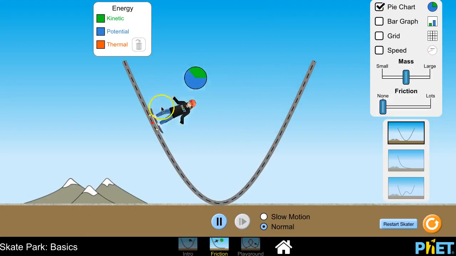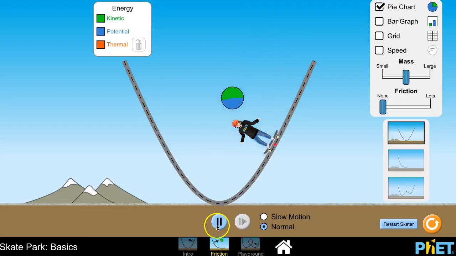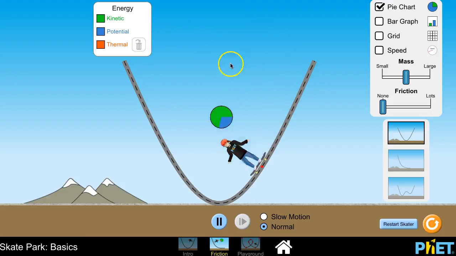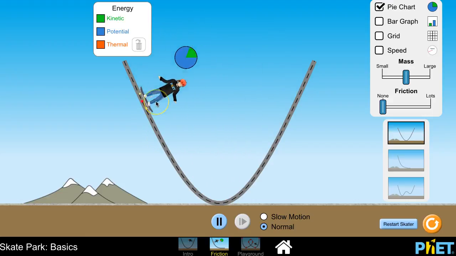Okay, but there's another thing that we're going to look at here. Sorry, let me take a step back. So there's a transformation going on here, and this is energy that is contained in the system. The system is the skateboarder herself because of her kinetic energy, and the second factor in this system is the Earth itself.